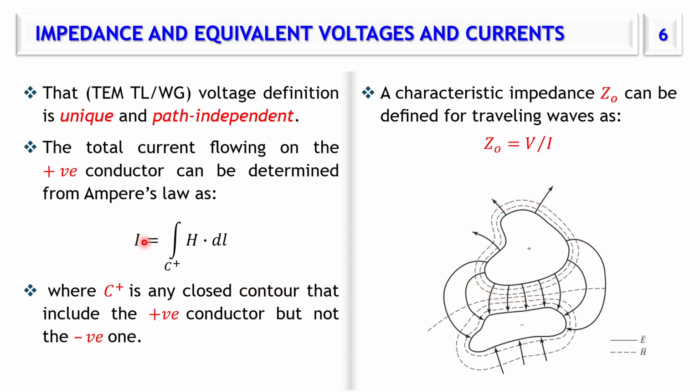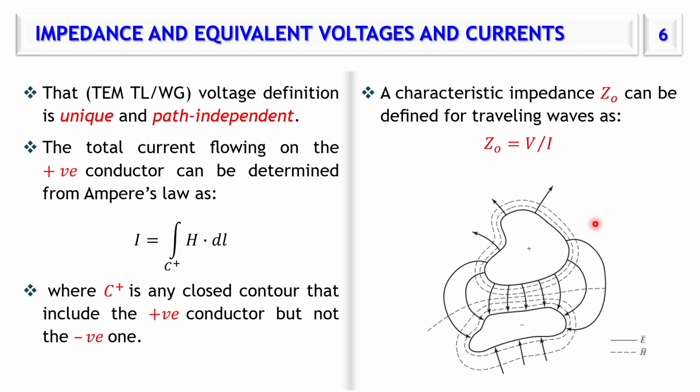If we do the integration along this contour, we calculate the current of this TEM mode or transmission line. In this case, the voltage is well defined, the current also is well defined, and we can define the impedance of this signal, which is voltage over current.